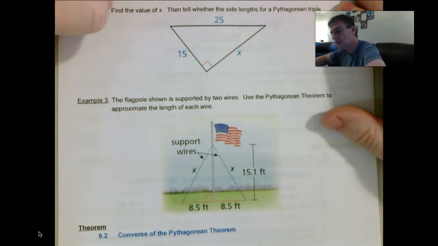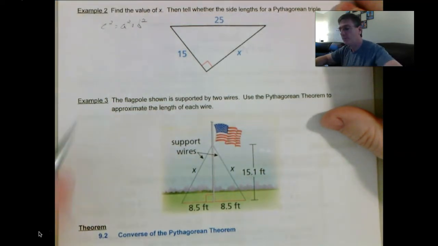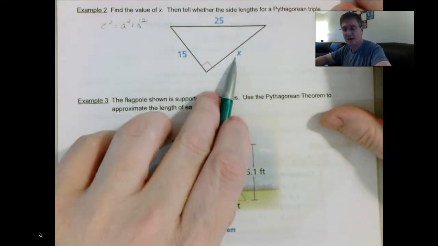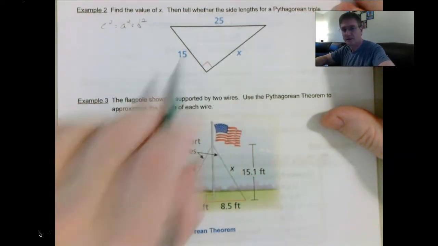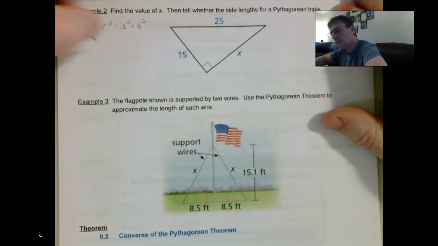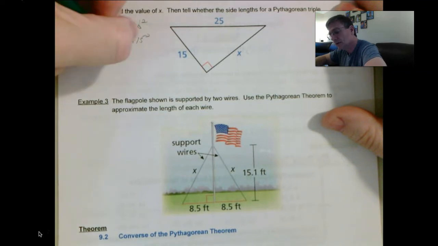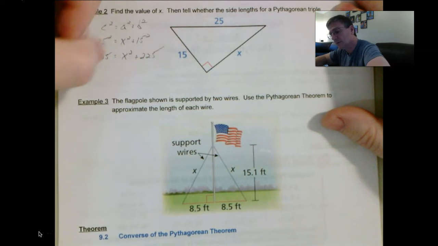Again, we start with c squared equals a squared plus b squared. C squared in this particular problem is 25, not x. 25 is the hypotenuse opposite the right angle. 25 squared equals x squared plus 15 squared. 625 equals x squared plus 225.